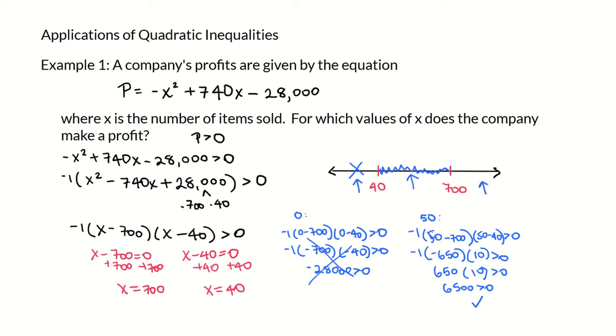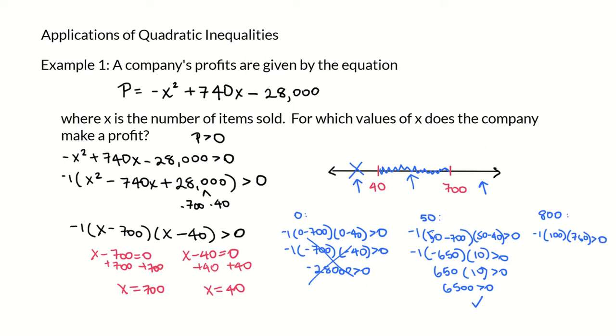Finally, we choose a number to the right of 700, so we could choose 701, we could choose 800, 1000, let's do 800. Plugging in 800, we get negative 1 times 800 minus 700, which is 100, times 800 minus 40, which is 760. We want to know if that's greater than 0.